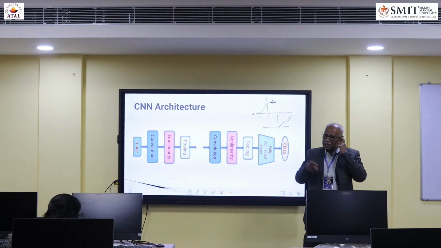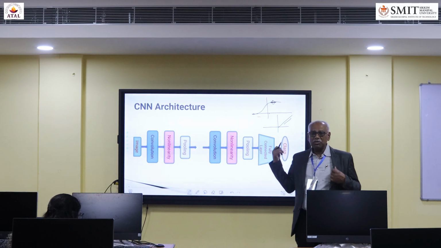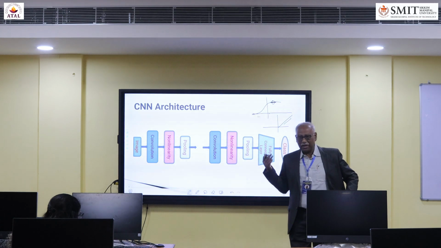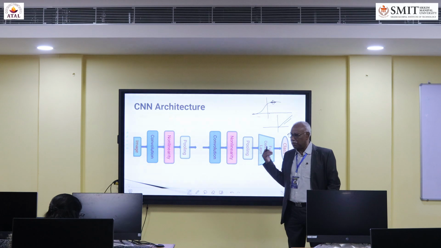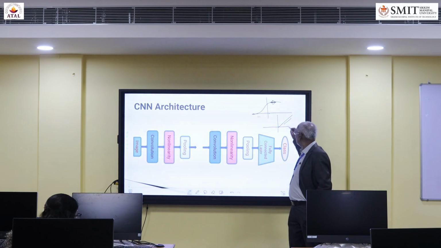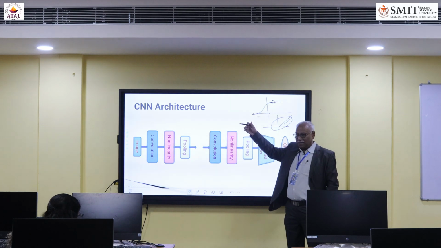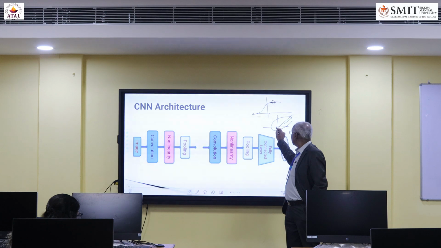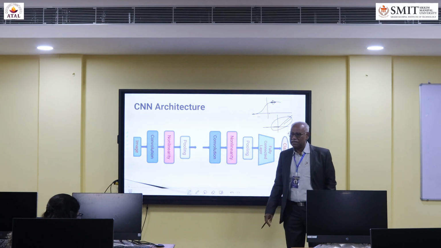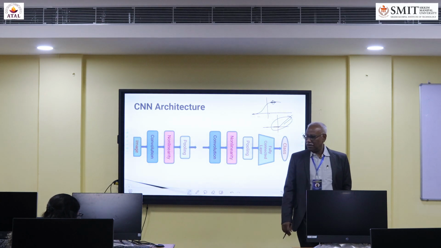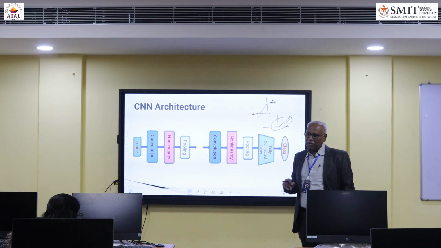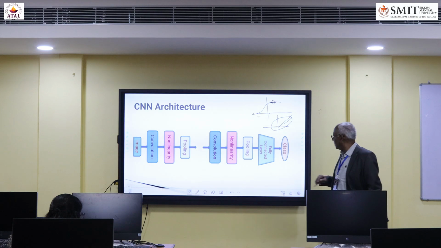So this is the reason that in a deep neural network, you don't use the sigmoidal function, or even a similar function like the hyperbolic tangent function. You use a function that is partly linear, partly nonlinear, because in the case of ReLU, the negative side is zeroed. So this is the kind of activation function that is used in a deep neural network.